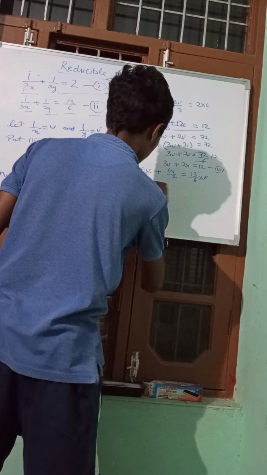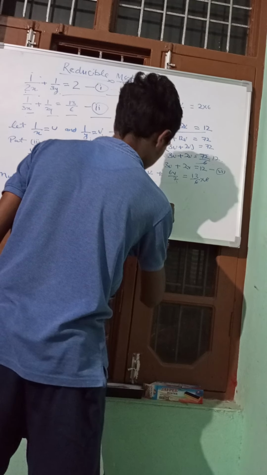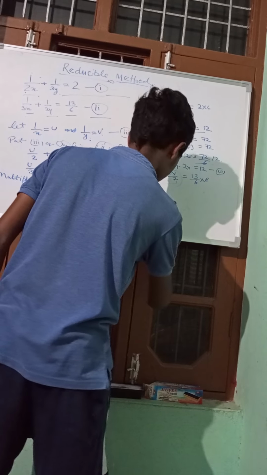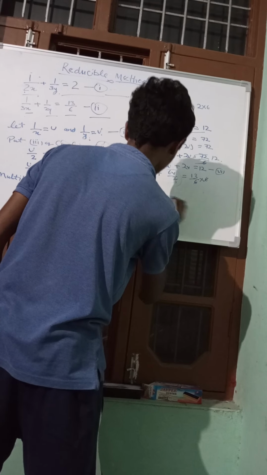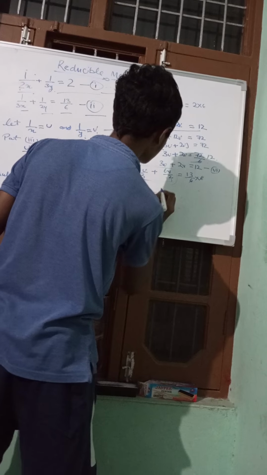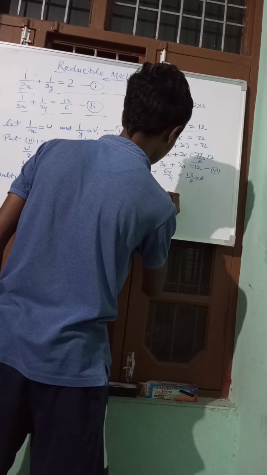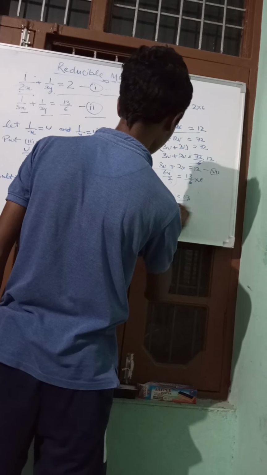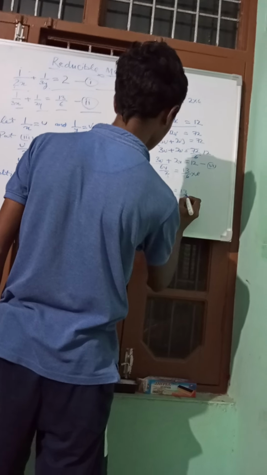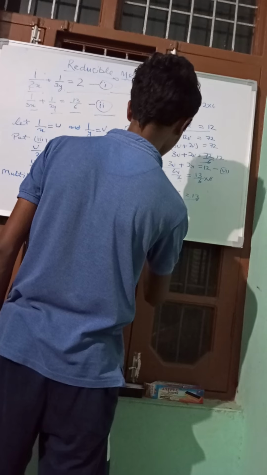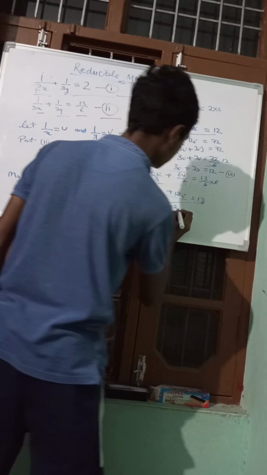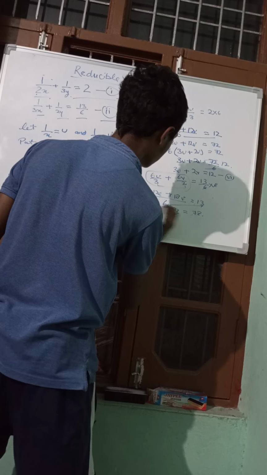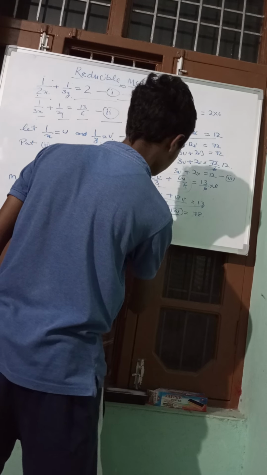And we have to also take the LCM of these two numbers, which will be 6, and it will be 12u plus 18v is equal to 13 into 6, so it will be 12u plus 18v is equal to 78, and we have to also find the common numbers from this.